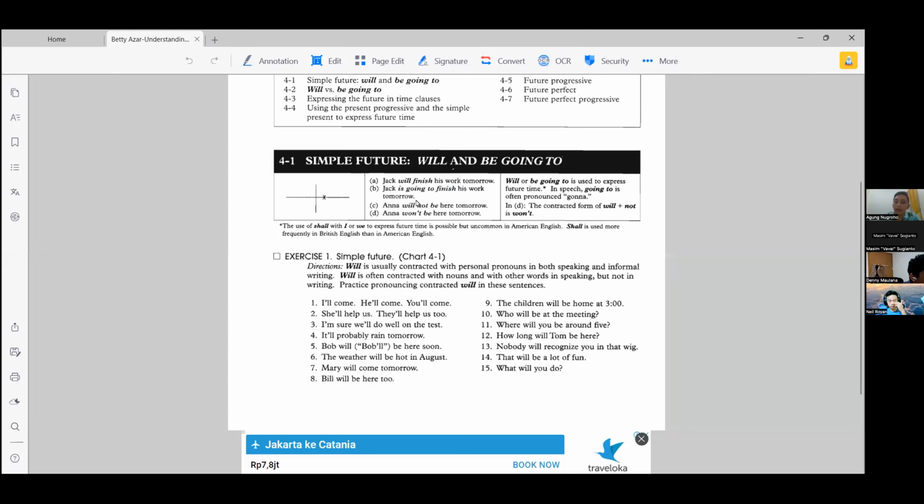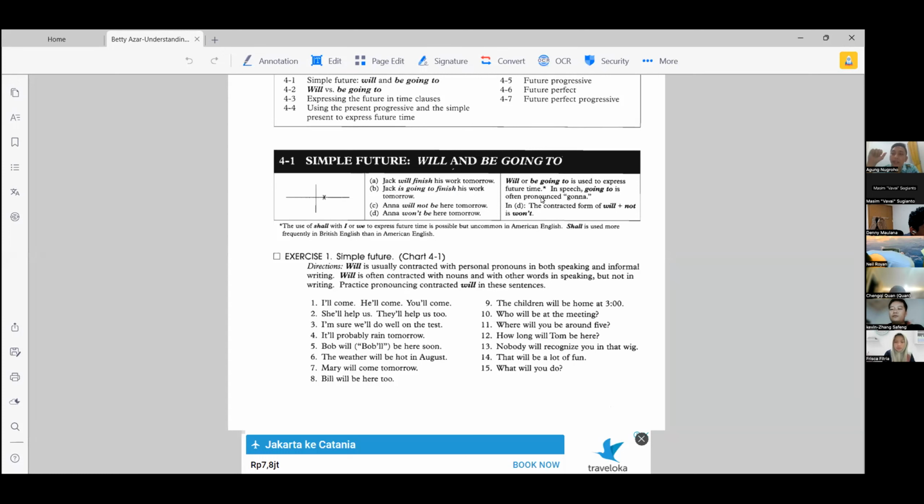And the other way you can do is by using be going to. So you can replace the will, ladies and gentlemen, with be going to. Be going to is be: is, am, are, right?